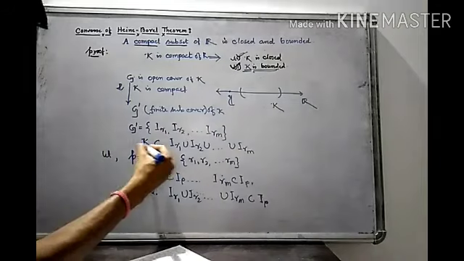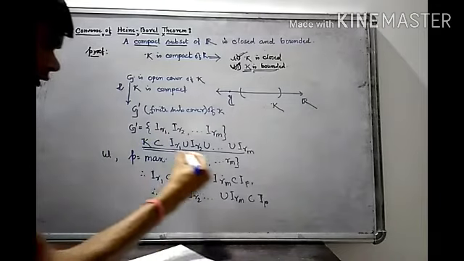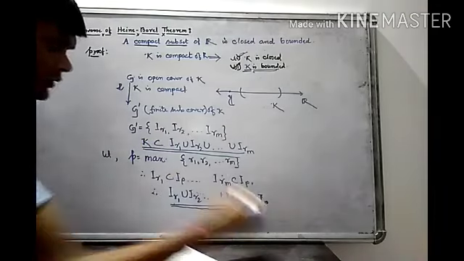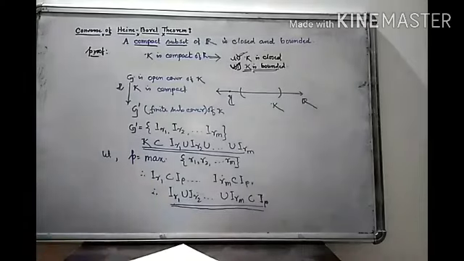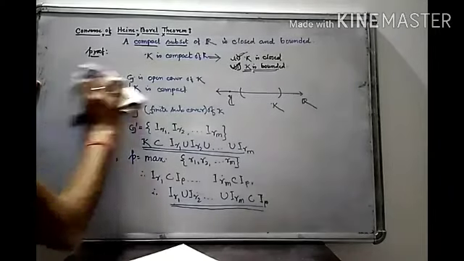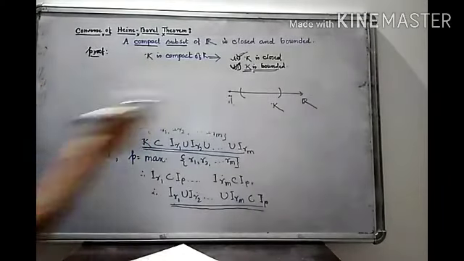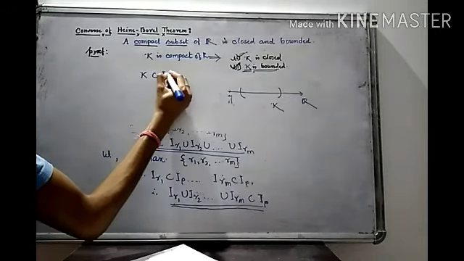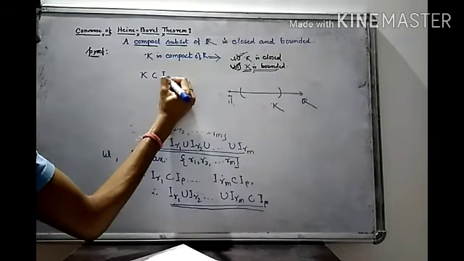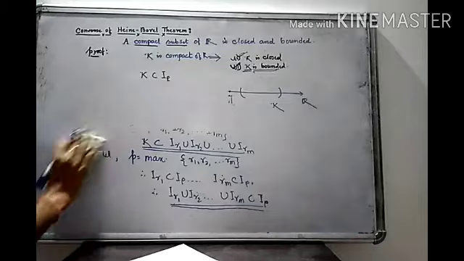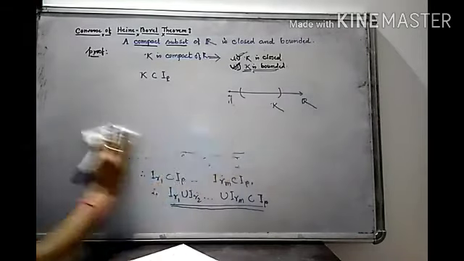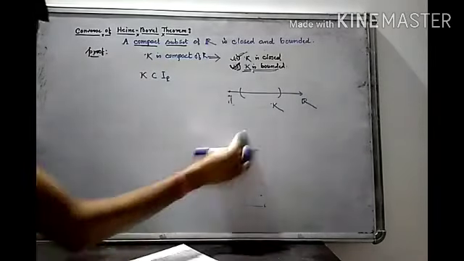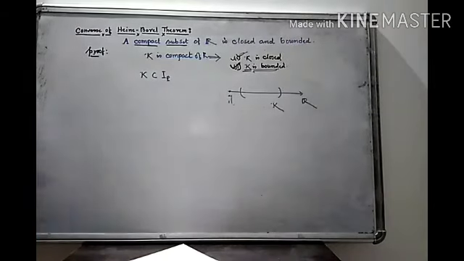Okay, now K is a subset of this union, and the union is a subset of IP. From this, we can easily say that K is also a subset of IP. Is it clear? Okay, that is, K is a subset of IP. Clear?